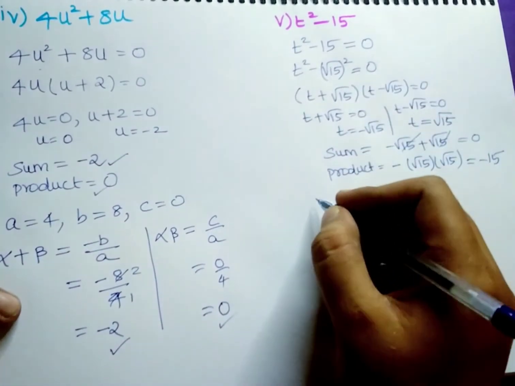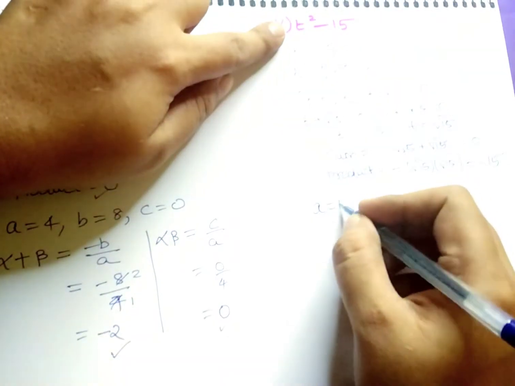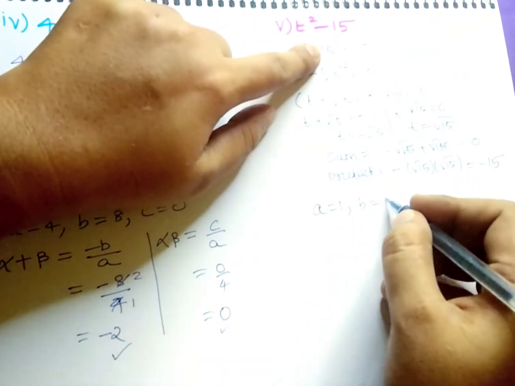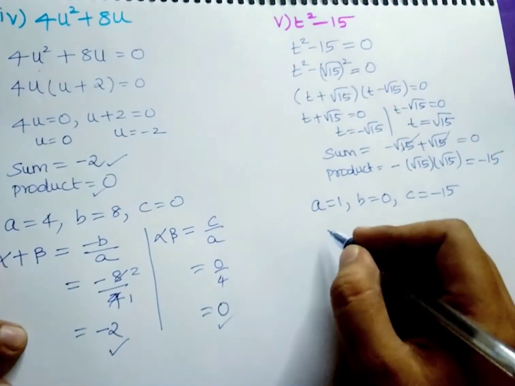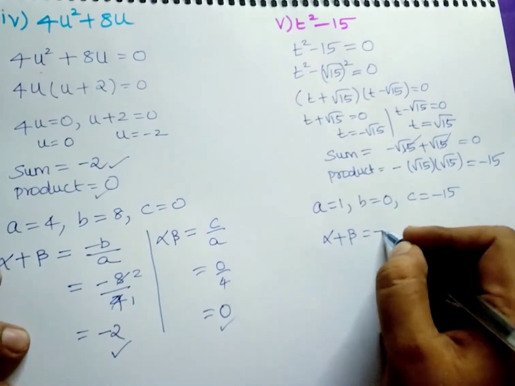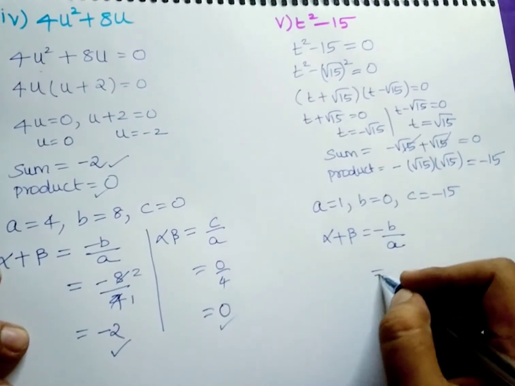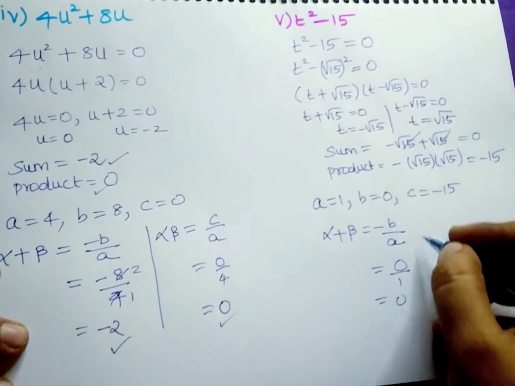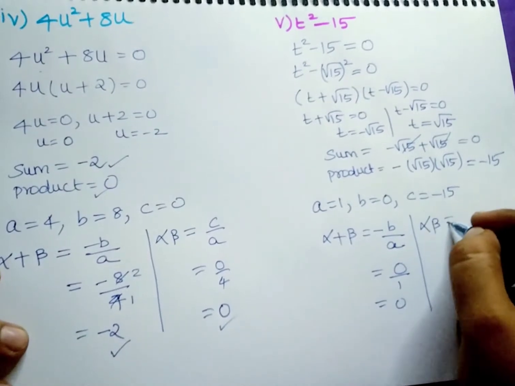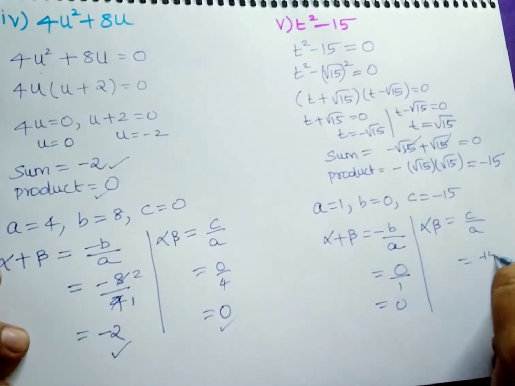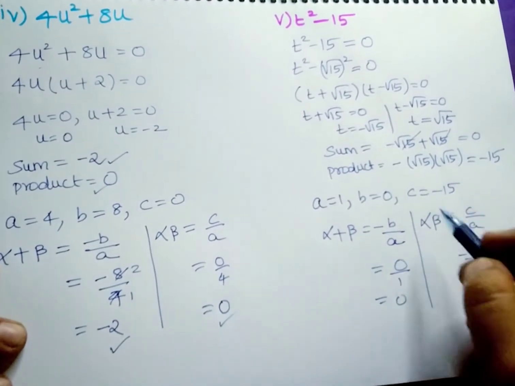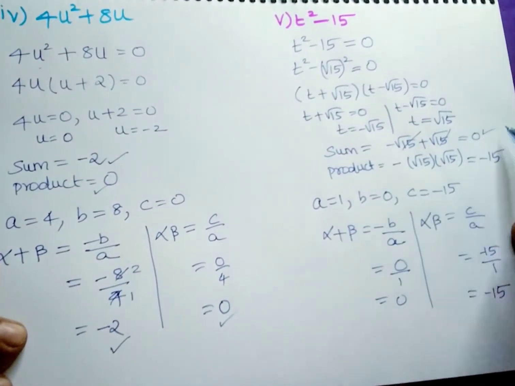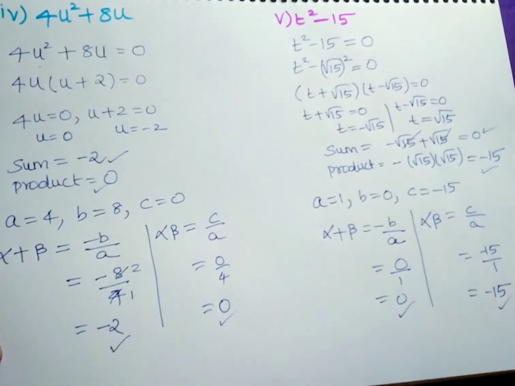And by the coefficient method, the coefficient of t square is plus 1, we don't have the middle term, so it is 0, and constant is minus 15. And formula for sum of zeros is minus b by a, so it is 0 by any number, 0, and product, it is c by a, that is minus 15 by 1, minus 15. When you check with these zeros values, sum of zeros is 0, product is minus 15. Hence the relationship is verified.